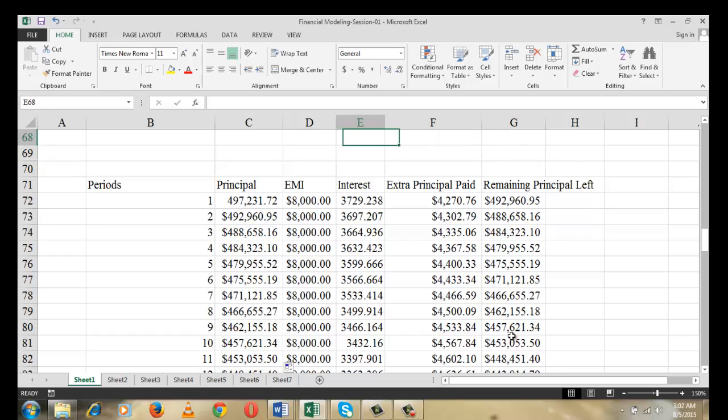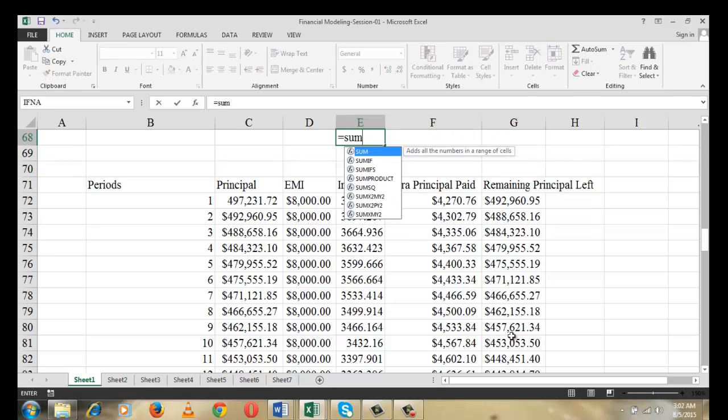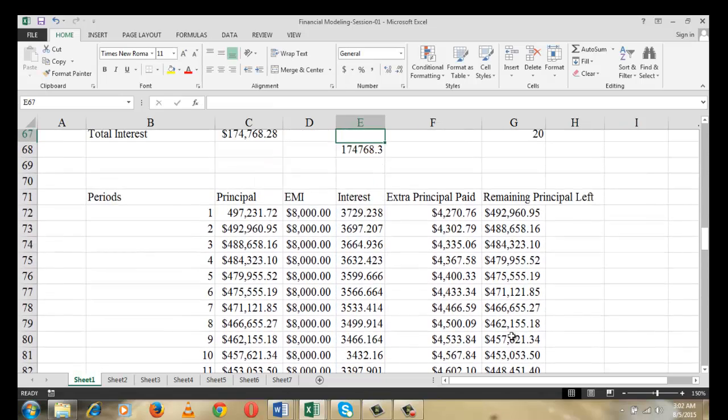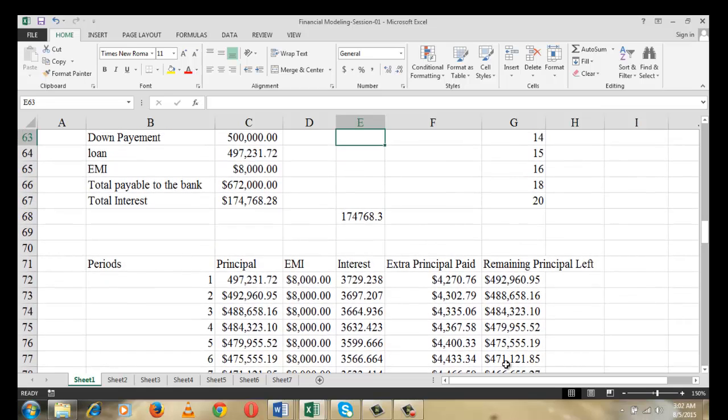So you can see the total interest you paid, and the total payable. Like this way you can calculate your figures. This is called a loan amortization schedule.